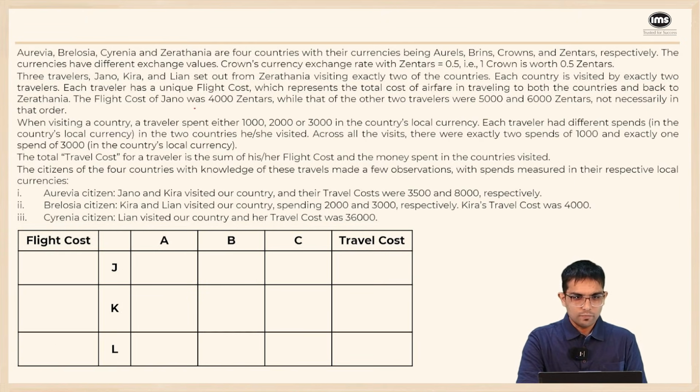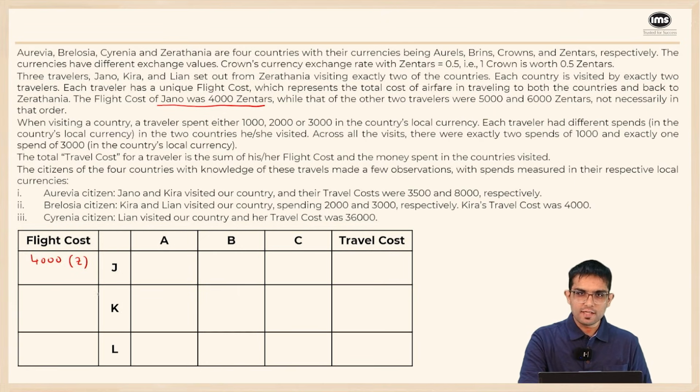Here it is said that J's flight cost was 4,000 Z. So flight cost is 4,000. I'll try to make everything in the currency Z. Now the other two travelers had 5,000 and 6,000.